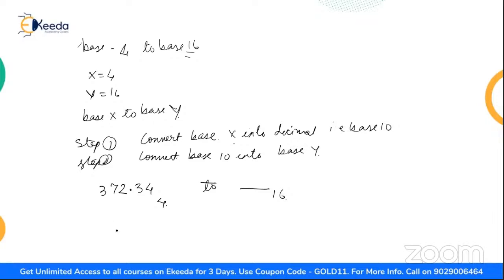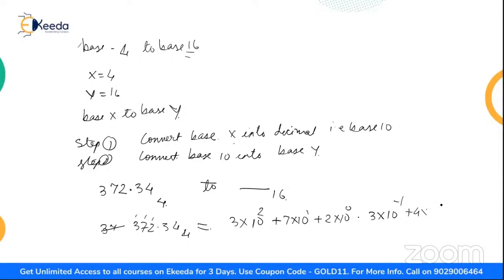I will do it like this. 372.34 base 4 is equal to 3 into, this is units, tens, hundreds, 100 means 10 raised to 2, plus 7 into 10 raised to 1, plus 2 into 10 raised to 0, plus 3 into 10 raised to minus 1, plus 4 into 10 raised to minus 1.